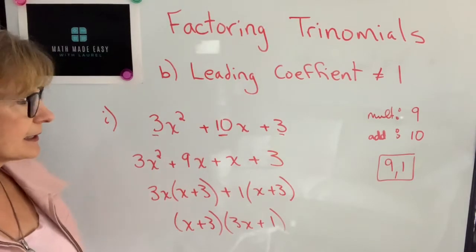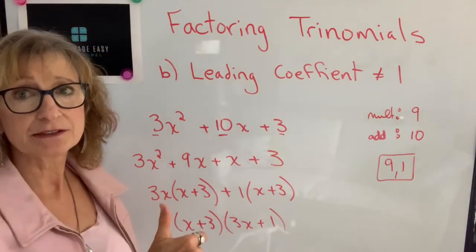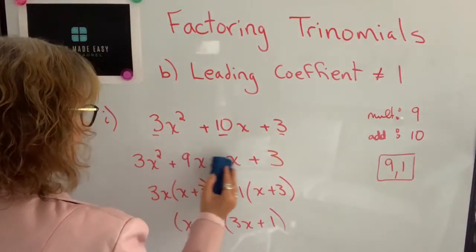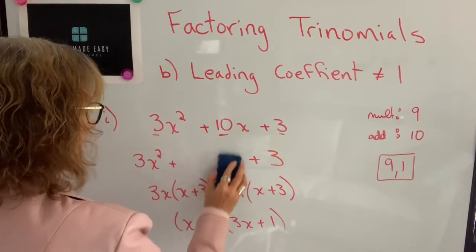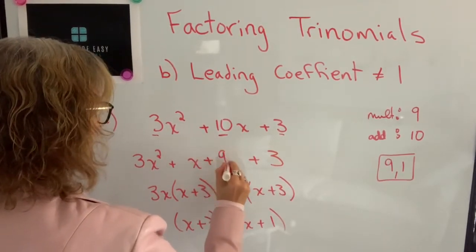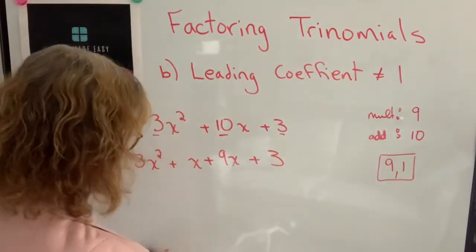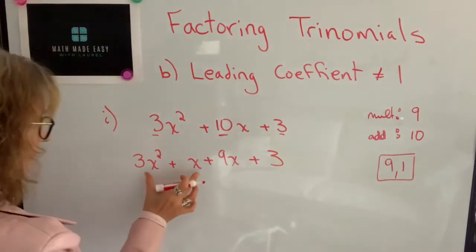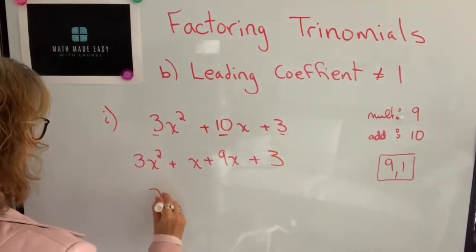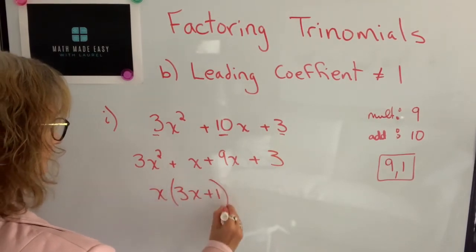Now you may ask, did I have to do this order? Could I have flipped it? Well, let's see. Instead of 9x plus x, let's change the order, x plus 9x, and see what we get. Now when I factor these two terms, I can only factor an x out, so I'm left with 3x plus 1.